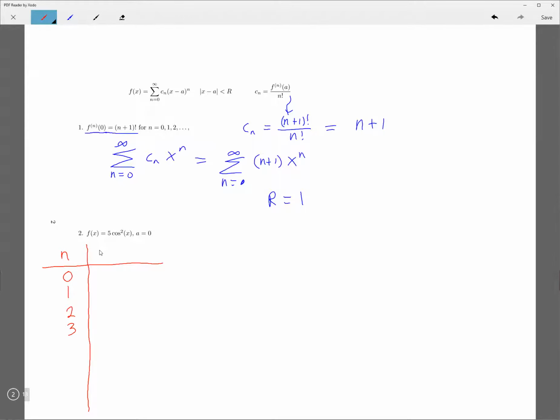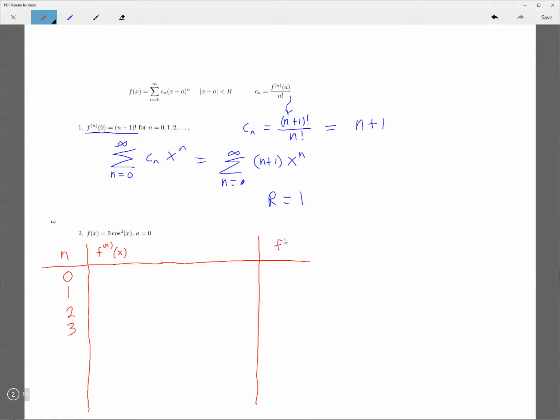what I want is the nth derivative of x, okay, right here. I'll leave myself a lot of space because this is the function that we're dealing with, right?